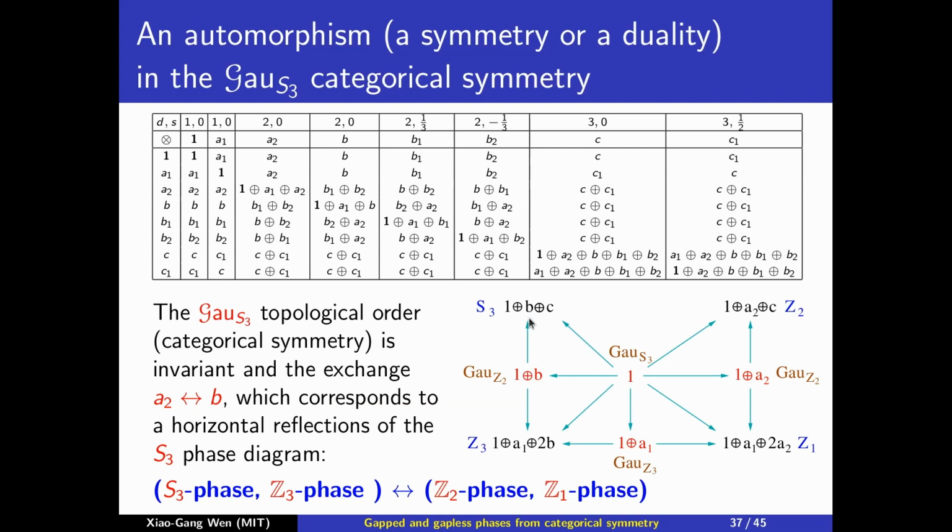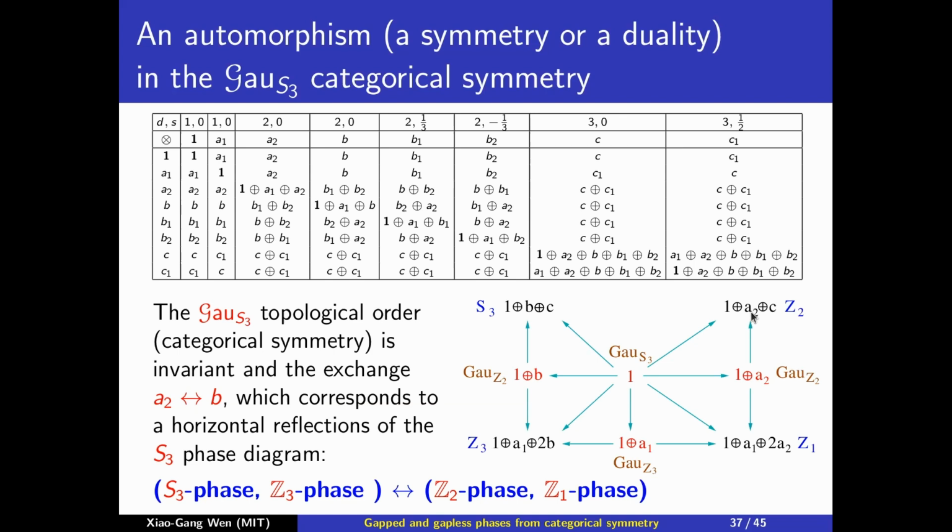This means the S3 to Z1 transition and the Z2 to Z3 transition are the same transition, or at least are dual. It means if you have a model with a continuous S3 to Z1 transition, then we must have another model, a dual model, which has a continuous Z3 to Z2 transition, described by the same CFT.